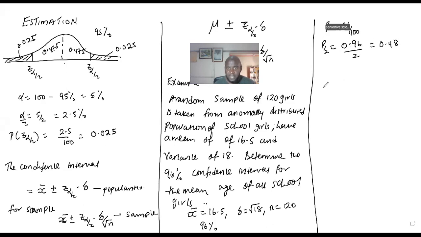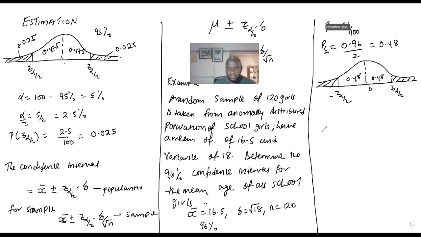So this 0.48, remember I told you if you draw our curve, that is where the probability of 0.48 will lie. So here you'll have Z alpha over 2, Z alpha over 2. This is 0.48. This is 0.48. Beyond that, you have alpha. Now, this is a negative alpha. Of course, the other one is a positive.